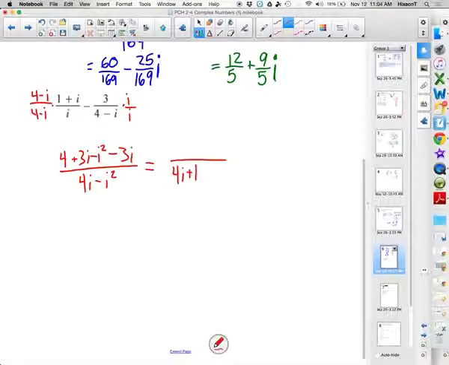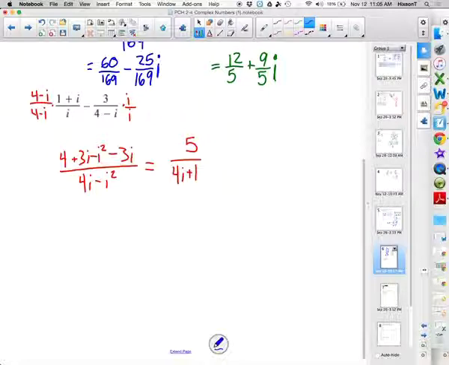And in our numerator, we actually just have what? What's our numerator equal? 5. Hey, you're right. It's just 5. 4 minus a negative 1 is 5. And the 3i and the minus 3i cancel each other out. Okay? Everyone see that? Okay?